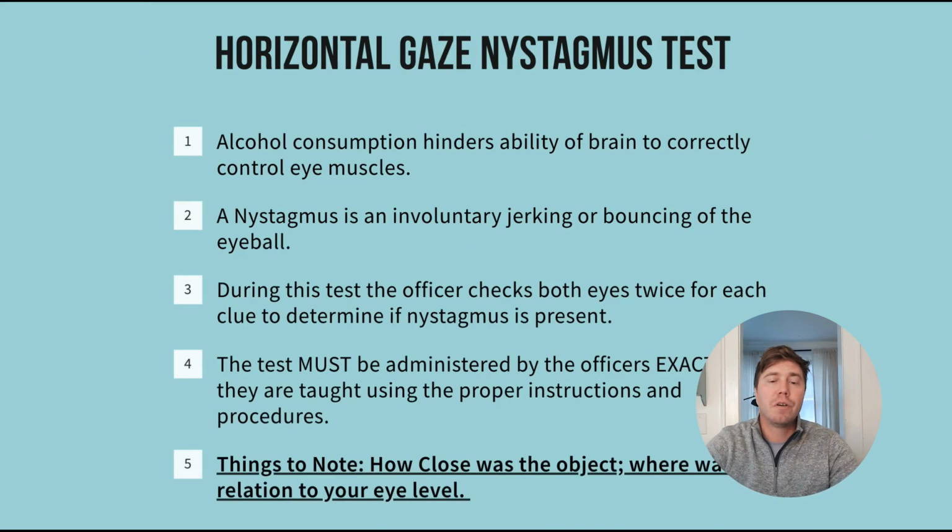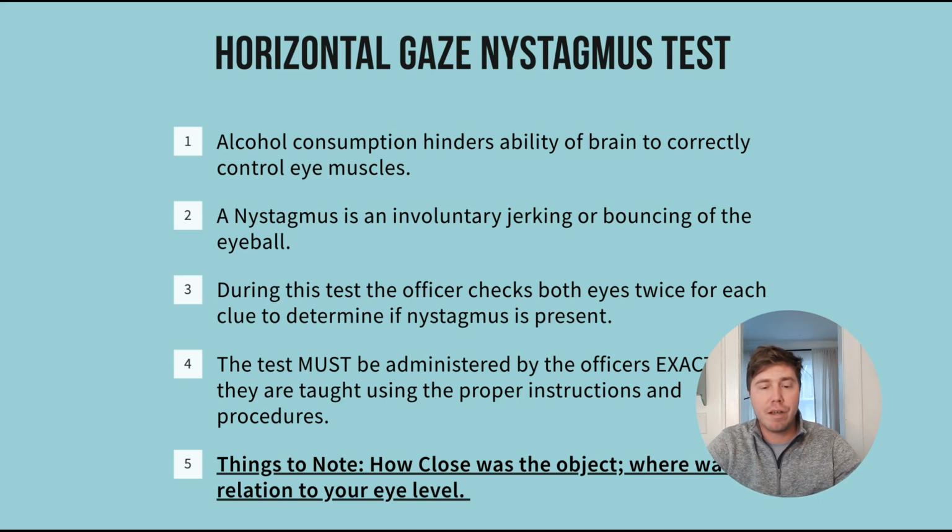So looking at the first test, the horizontal gaze test is the test where the officer will move something in front of your eyes horizontally. And what they're doing is looking for, at the extent, involuntary jerking. When there is that jerking, it can indicate that there is intoxication present.